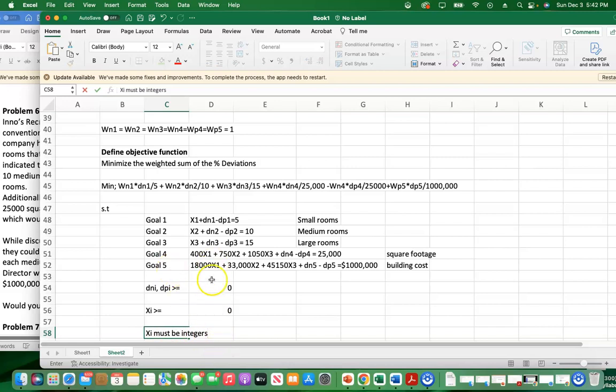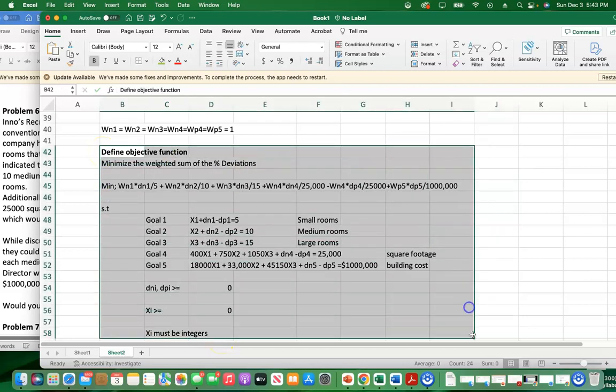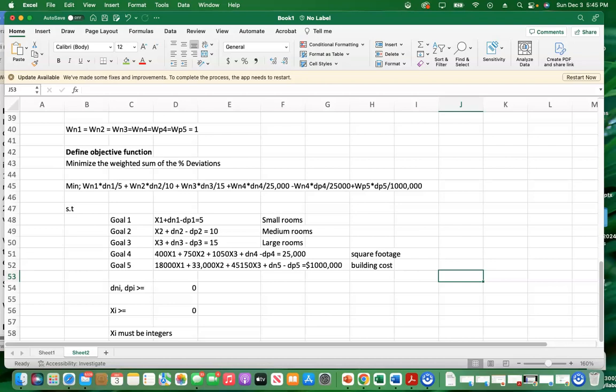So these two are non-negativity conditions, and this one is integral condition. So this is what actually we have obtained. Then we can use solver to solve the problem. So the next video will be the implementation of this model. Thank you.